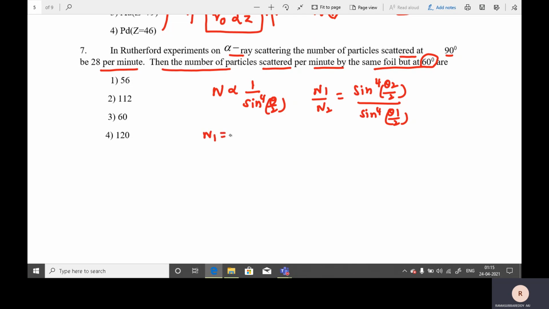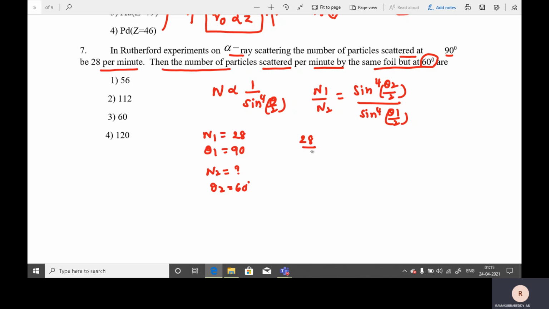Here N1 is how much? N1 is 28 per minute and theta1 is 90, N2 we need to find, and theta2 is 60 degrees.